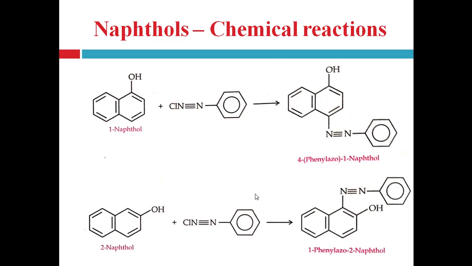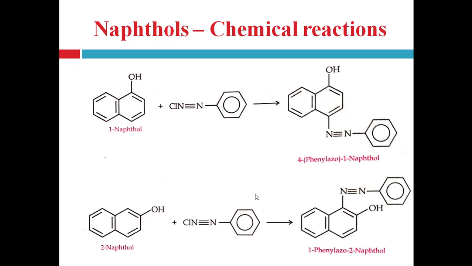One example is given. 1-naphthol reacts with benzene diazonium chloride and forms 4-phenylazo 1-naphthol, right? Same, 2-naphthol can also be coupled with this benzene diazonium chloride and form 1-phenylazo 2-naphthol, right? First preference is attachment of this diazonium group to the para position to the OH group, right?